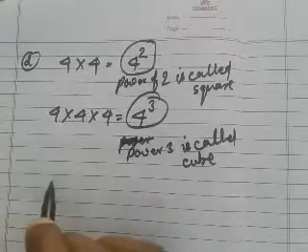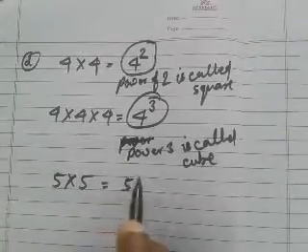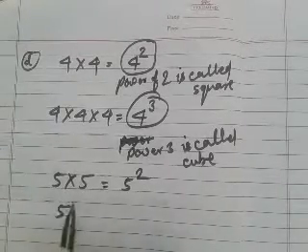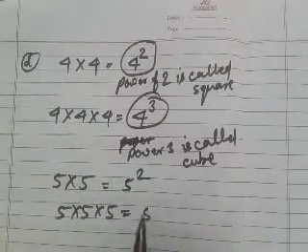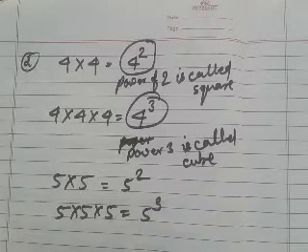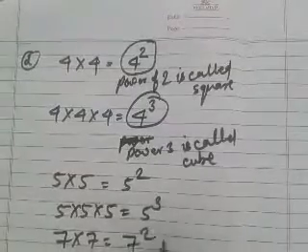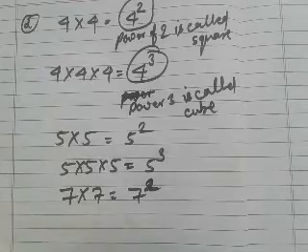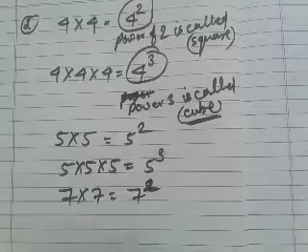Next, suppose we have the number 5 two times, so we can say 5 square. If 5 is repeated 3 times, we say 5 cube. Suppose we have 7 two times, so we say 7 square, meaning 7 raised to the power 2. Square means power is 2, cube means power is 3.